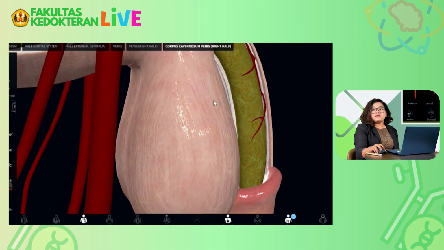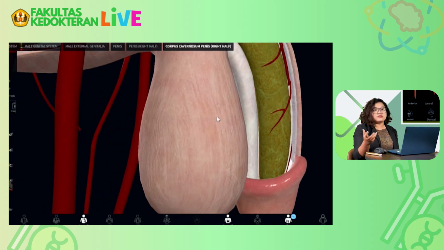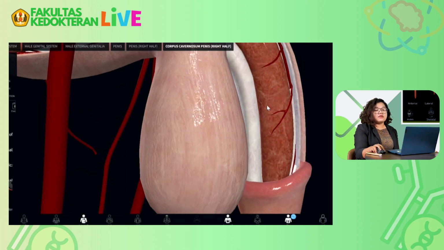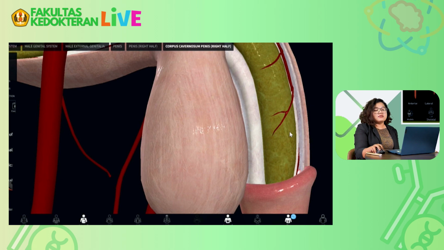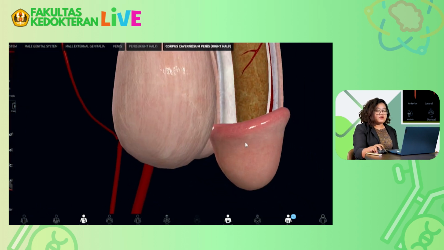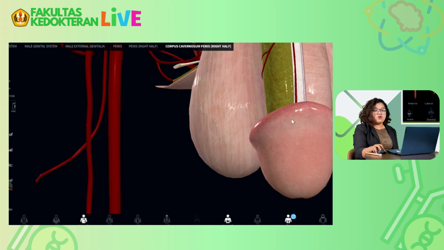There's no muscle in the body of the penis, so you need to remember that all the erection comes from the fluid or blood that fills the sinuses inside the corpus cavernosum and spongiosum in the body of the penis.